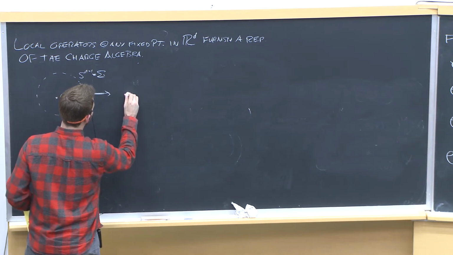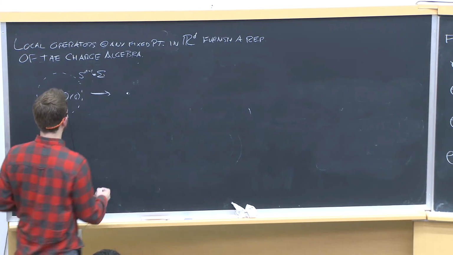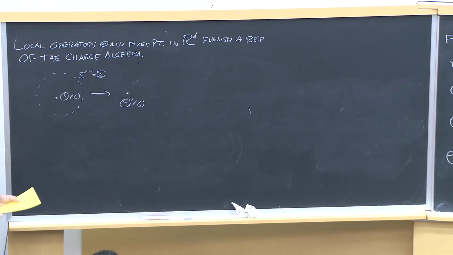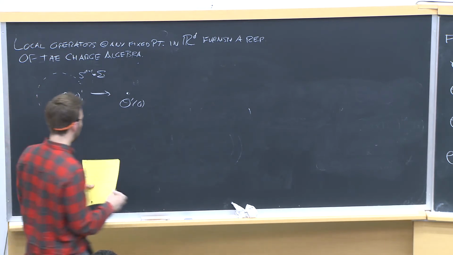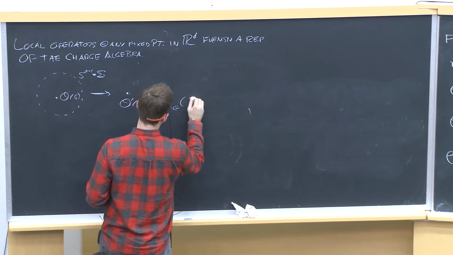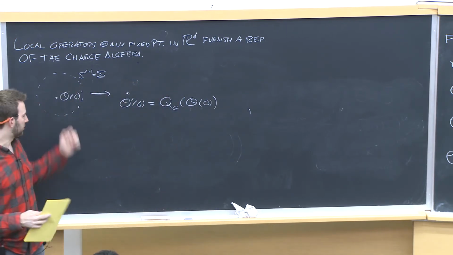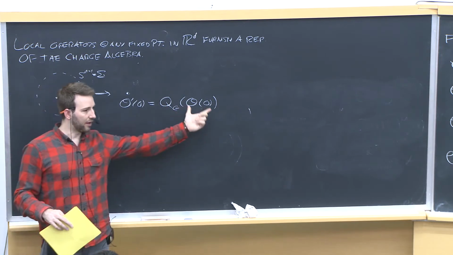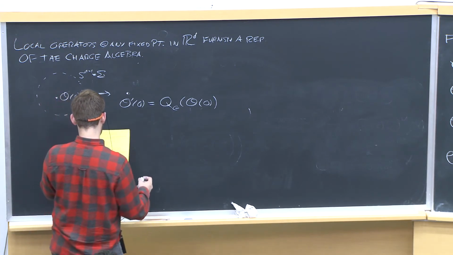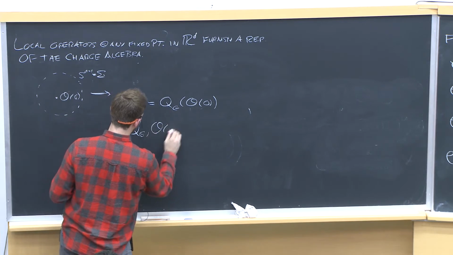So I end up with something which is still a local operator that has this infinitesimal thing living around it. And that should give me some new thing that behaves for all intents and purposes like a local operator. And I write that as the charge acting on the operator. So in this picture, it makes sense to think of the charge acting, taking the operator as an argument. Some of you are more familiar with seeing this written as a commutator.